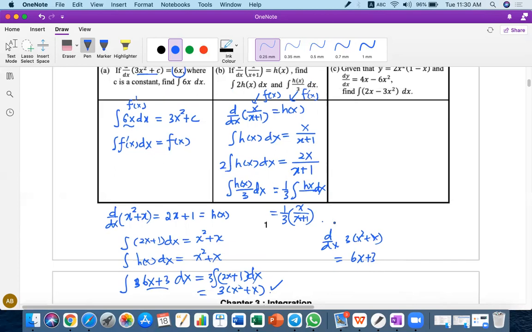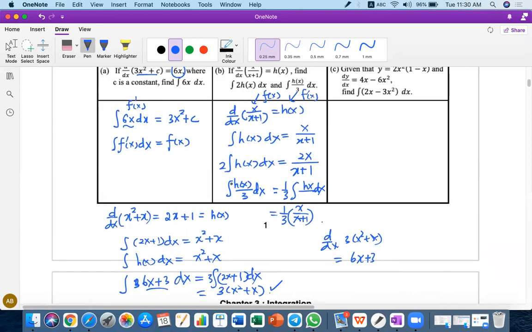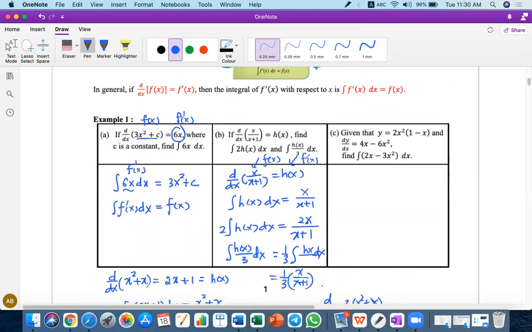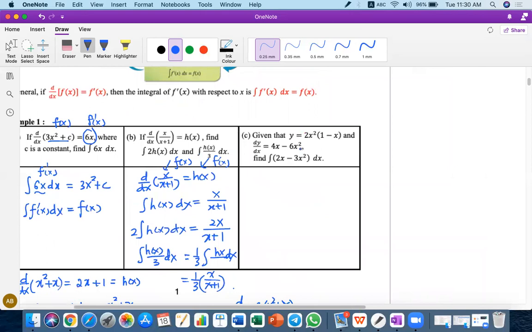That's why, if I want to integrate h(x) over 3 dx, I will get 1 over 3 times x over x plus 1. Now, given y equals 2x squared minus x cubed, and dy/dx is 4x minus 6x squared, if I ask you to find the integral of 2x minus 3x squared dx, what is it equivalent to?